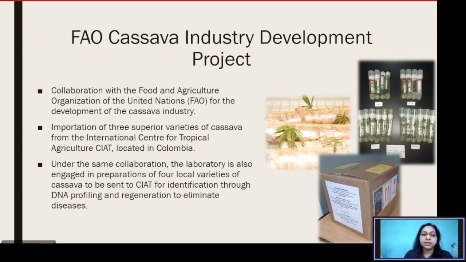Here, the plant tissue culture lab played an important role in the importation of 3 superior varieties of cassava from CIAT, which is an institution in Colombia that has a lot of varieties, and they keep a germplasm bank for cassava. So these varieties were imported via tissue culture.